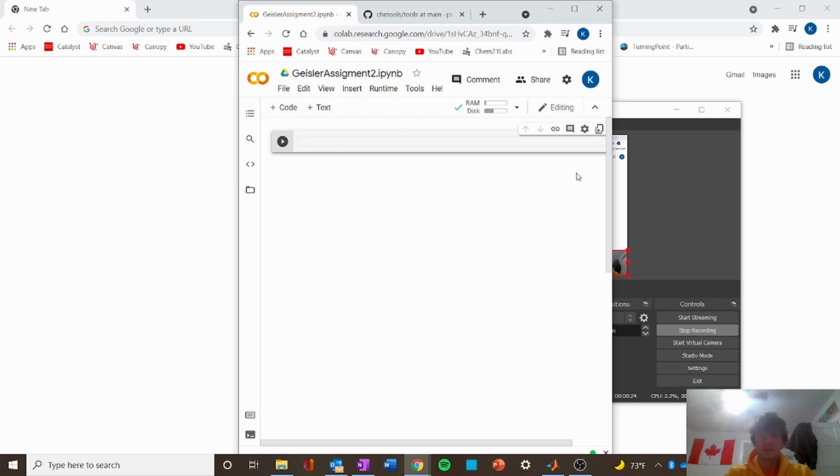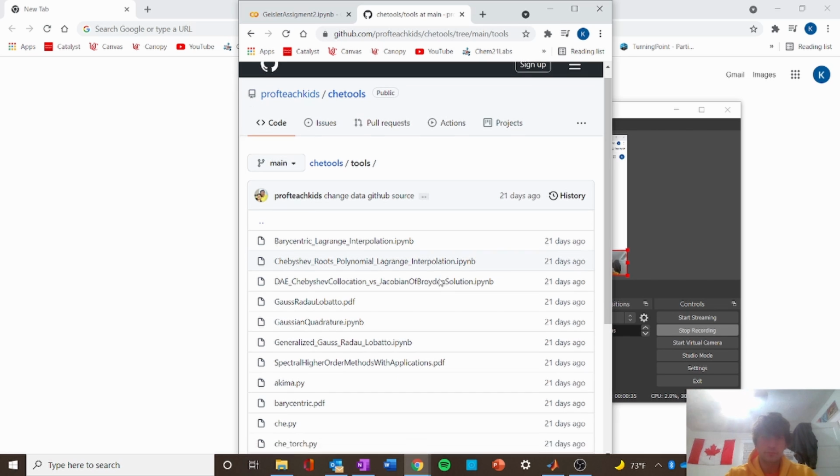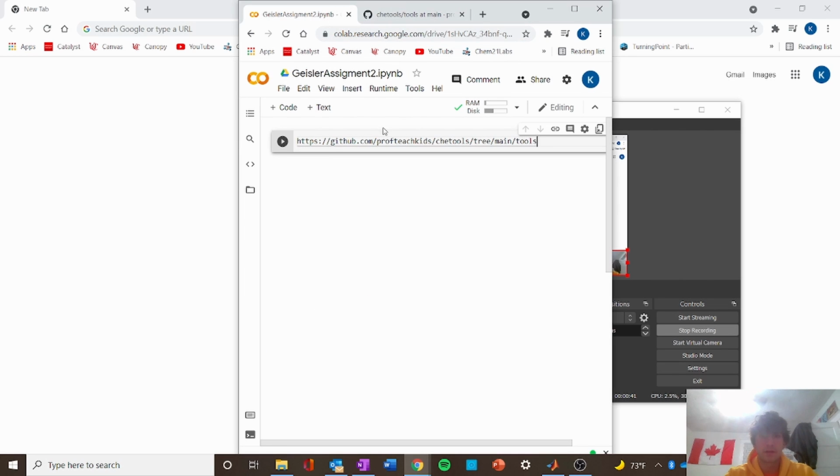To start, we are going to get our data from the GitHub site. We find our GitHub site right here, Control C, Control V it in here. But we just want the tools and the data, so we say .git.